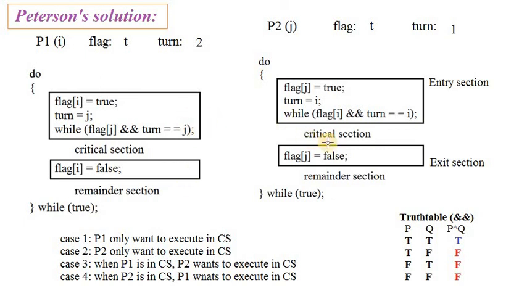Definitely the second program will get a chance. Why? Because when the first program is getting out of the critical section, the second program immediately gets the chance to enter. That means there is a bound. After the first program, the second program definitely enters into the critical section. After a few attempts of the first program, the second program should get a chance. Otherwise, after a few attempts from the second program, the first program should get a chance. That is bounded waiting.